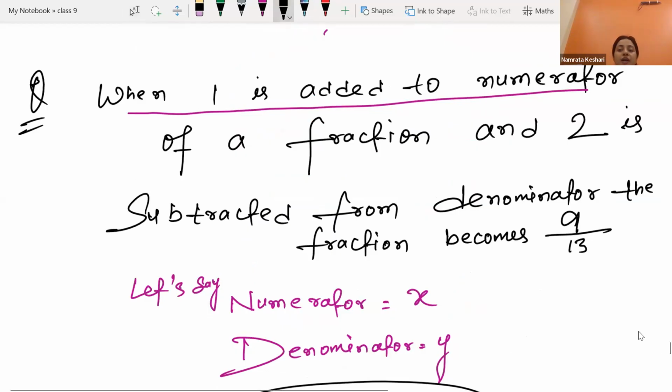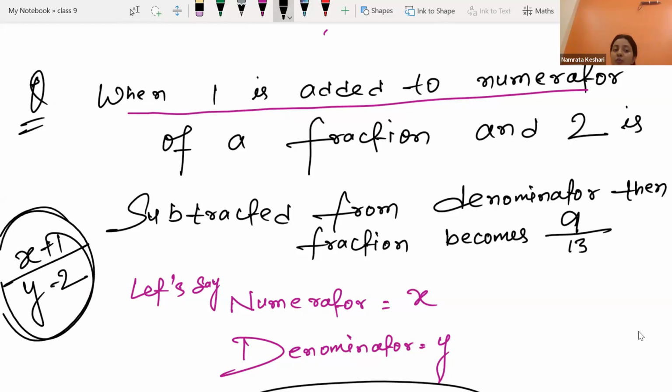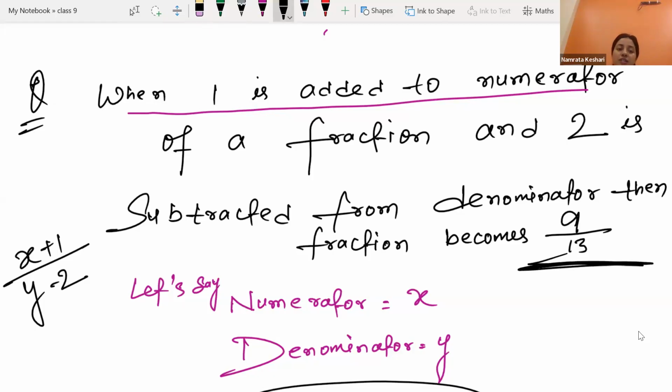Then the fraction becomes 9 by 13. So x plus 1 by y minus 2 is the fraction according to us, but according to the question it became 9 by 13. So we will say it is equal to 9 by 13.